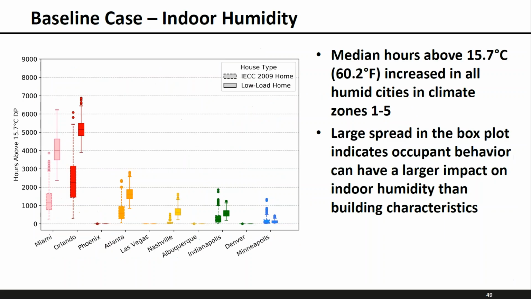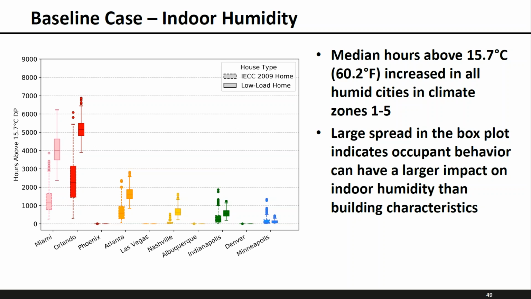So here we show our baseline indoor humidity results. And just as a refresher, our baseline case had medium buffering, 75 degrees Fahrenheit cooling set point, 45-second blower off delay, and a blower airflow rate of 400 CFM per ton. On the y-axis, we have hours above 15.7 degrees C dew point, which corresponds to 60.2.